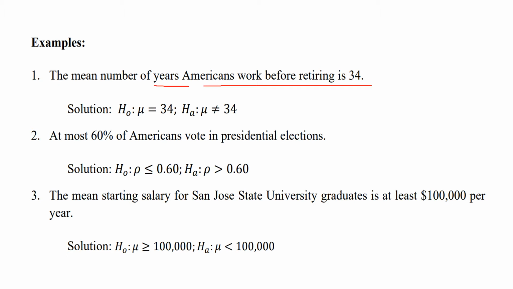Therefore, we assume that your null hypothesis is that your population mean is equal to 34, because your statement represents that the mean number of years Americans work before retiring is 34. Now, what will be your alternative?